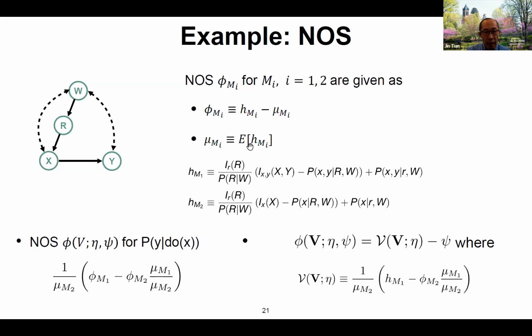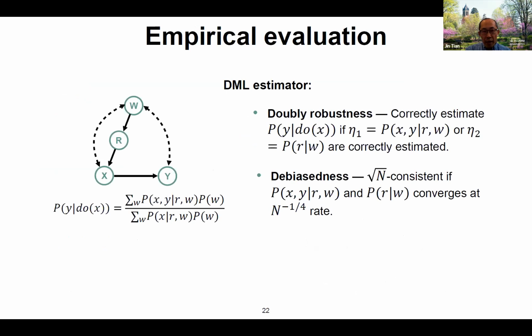And here the mu's are the expected values of those uncentered influence functions. And the uncentered influence function itself can also be computed like this. Now, this particular estimator satisfies the double robustness property, that the estimator would be correct if either the nuisances required for the standard plugin estimator, or the nuisances for the probability of R given W, are correctly estimated.